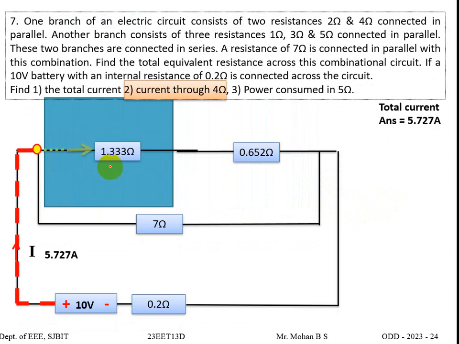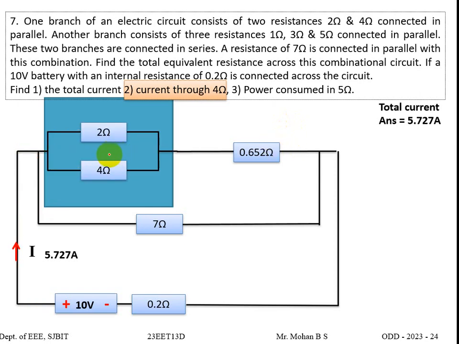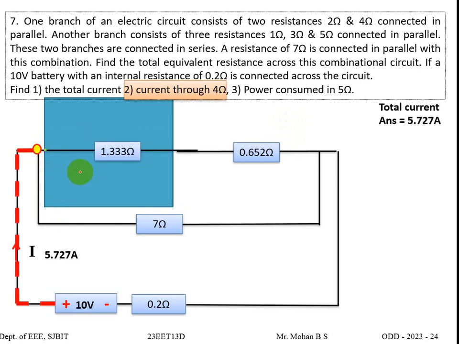So now we'll find these two currents by current divider. I want you to pause the video and write the equation for I1. As of now, we are not interested in I2 because we need to find the current through 4 ohms. Once we find the current entering here, again apply current divider and find the current through 4 ohms. I hope you have written the equation correctly.